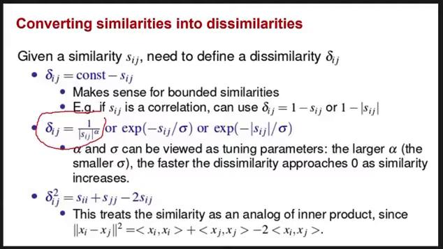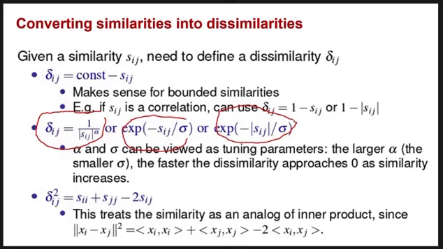Now we also have different ways of getting the similarity measure. That's another one. Now this one comes with parameter alpha, which can be this or that, where the alpha and the sigma are going to be viewed as tuning parameters. The larger the alpha, the smaller the sigma, the faster the similarity approaches 0.